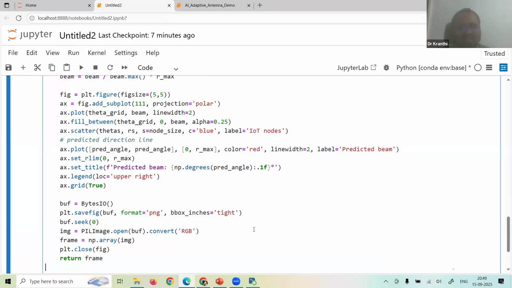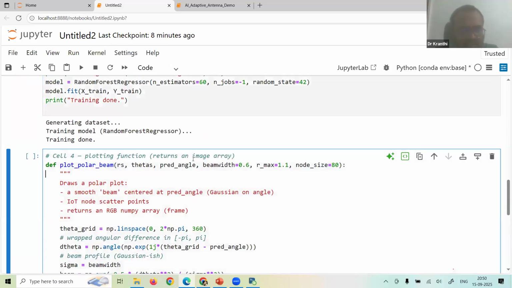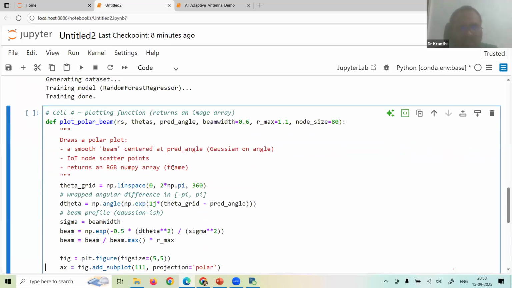Practical significance. And here in cell 4, in the plotting functions, where is that plot diagram? This one. So here, this entire snippet is about the function that uses a polar coordinate system, which is natural for antenna radiation patterns, and it plots a beam lobe centered at the predicted angle.